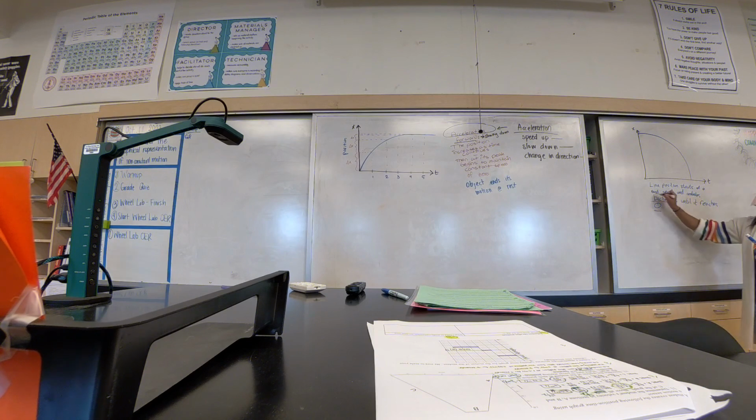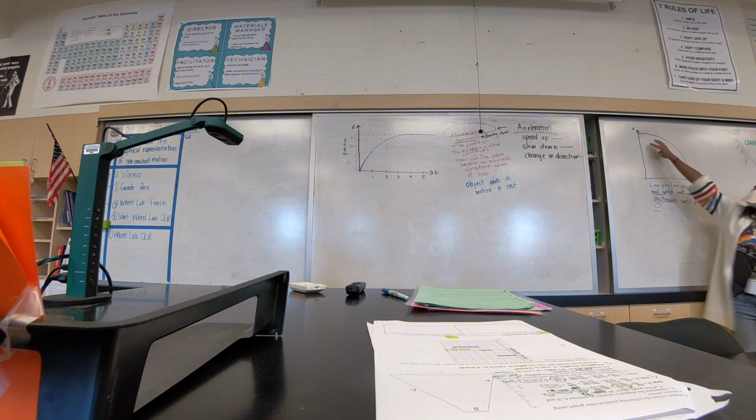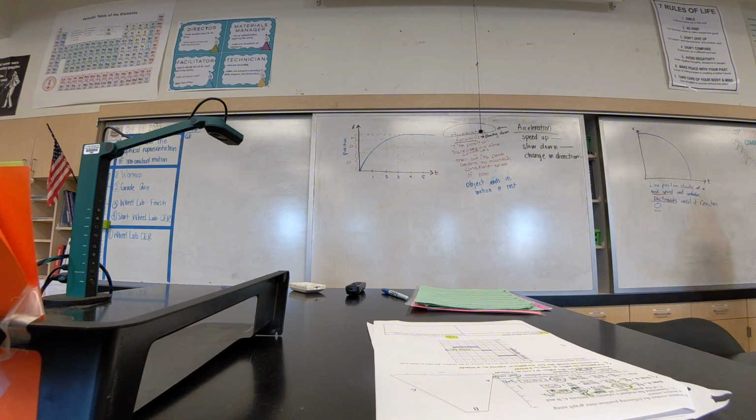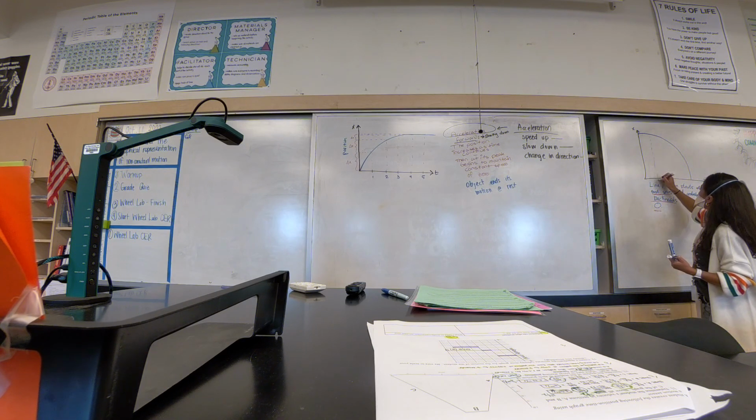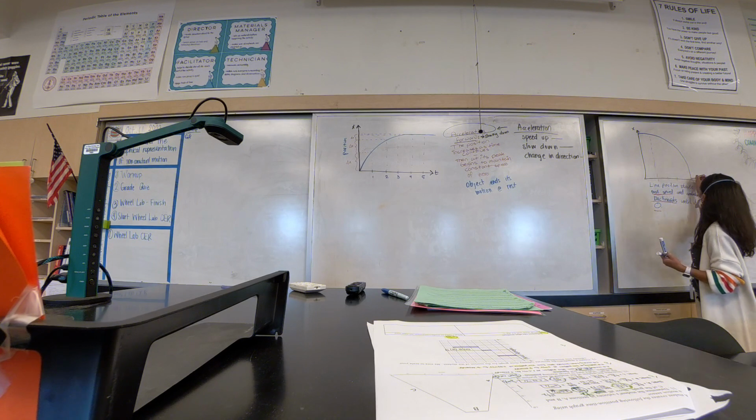Starts at a fast speed. Now that we've analyzed the first scenario, what do we think about the change in speed for this one? Does it start at a fast speed? Let's look at the change in position now. Let's say this is 1 second, 2 seconds, 3 seconds, 4 seconds.